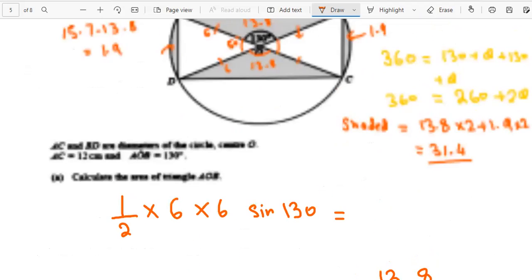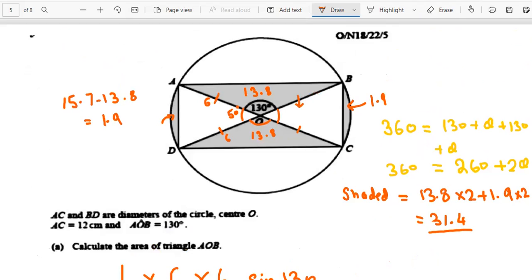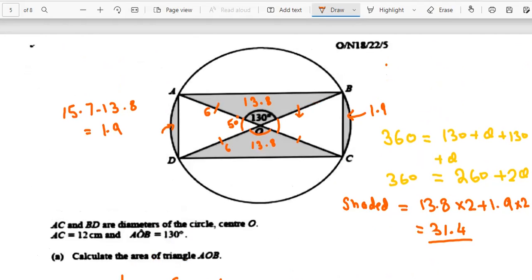So shaded is 31.4. Yeah. So how do we calculate the percentage, Turhan? Please calculate that. Okay, so yeah, we can calculate the percent. We can calculate the area of the entire circle first. Very well done. And that would be pi r square.